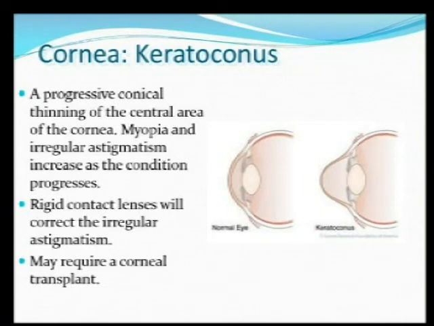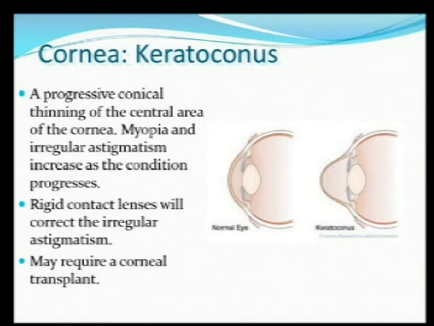Normal eye, you can see on the left there, you recall that the average curvature was about 43 diopters. With keratoconus, as it advances, it can exceed 60 diopters. And what's unusual is that if you think of the cornea bulging forward, you might think the cornea is swelling.